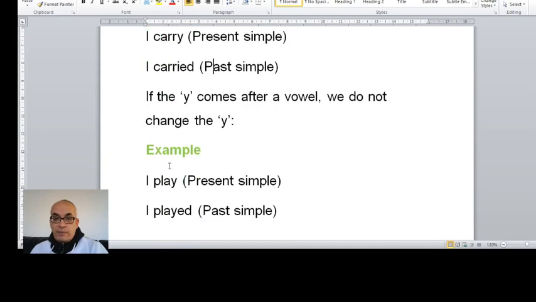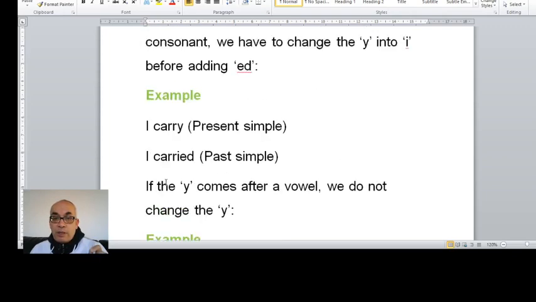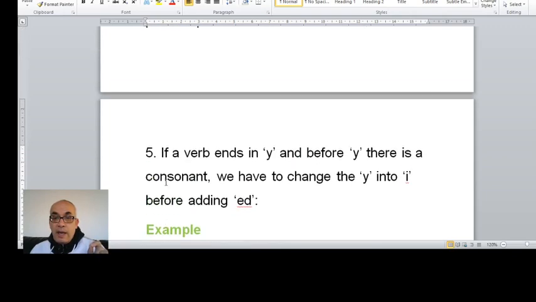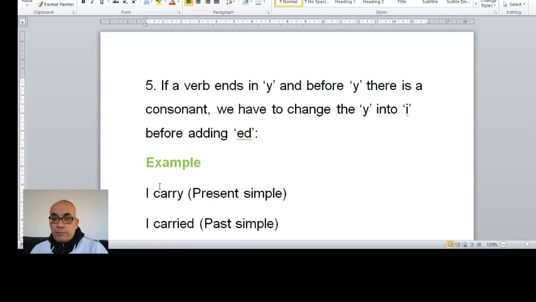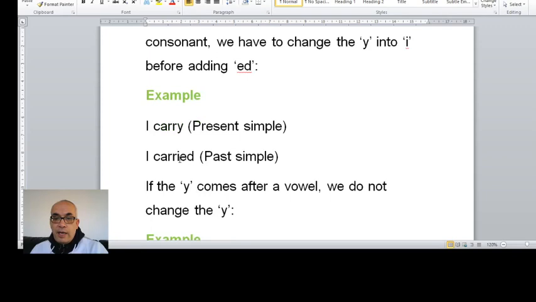But if y comes after a vowel, this is y after the vowel. A is the vowel, y comes after the vowel. So what do I do? I don't change the y. So only change the y if you see a consonant before y.